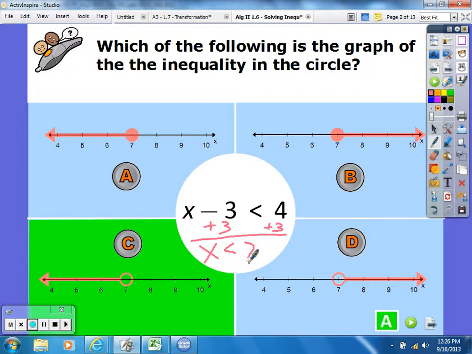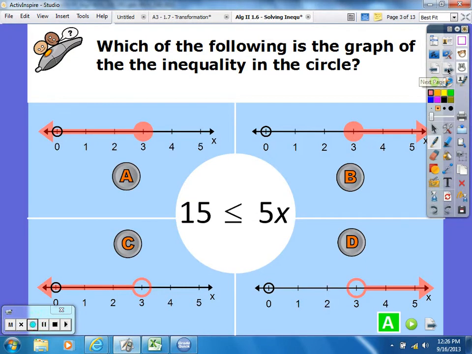Okay, so now you have a little bit more of a hint for the second one. So go ahead and write down the problem, and see if you can solve that equation, one step again. And then figure out what answer goes with it.